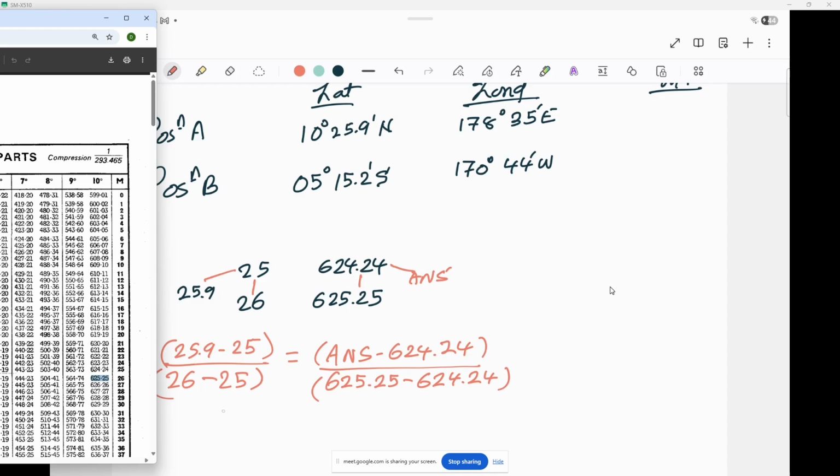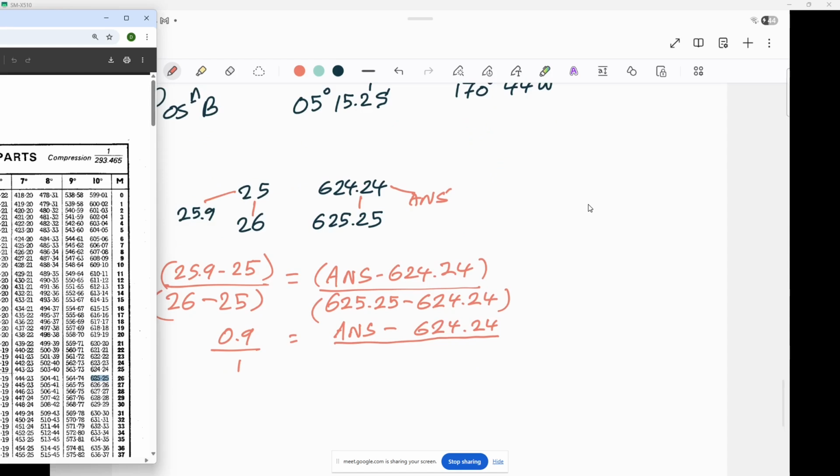Right, so 25 decimal 9 minus 25 is 0.9, divided by 1, equals answer minus 624 decimal 24, divided by 625 decimal 25 minus 624 decimal 24, which is 1.01.